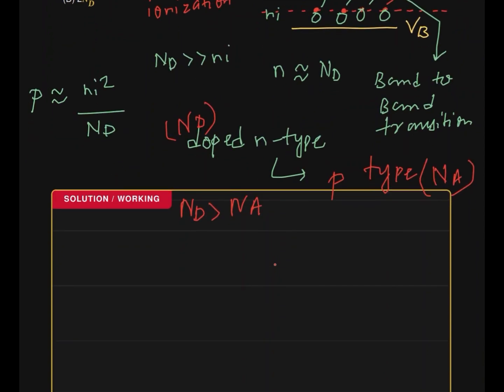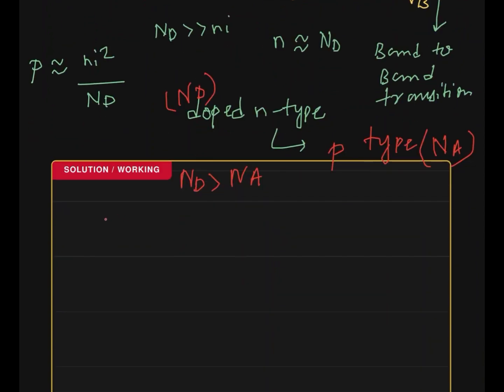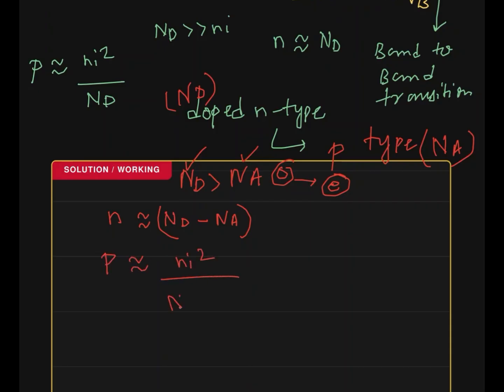In that case, the electron concentration will be approximately equal to Nd minus Na, right? For every acceptor impurity you add, it nullifies the donor impurity. Extra hole nullifies the extra electron. And in this case, the hole concentration will be Ni square by Nd minus Na. Okay.